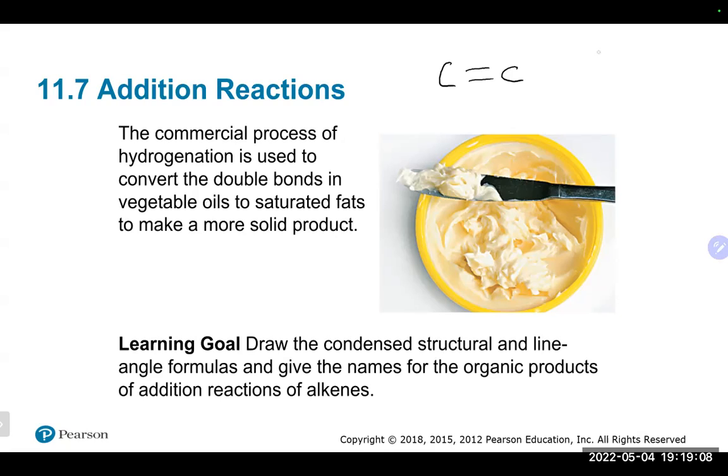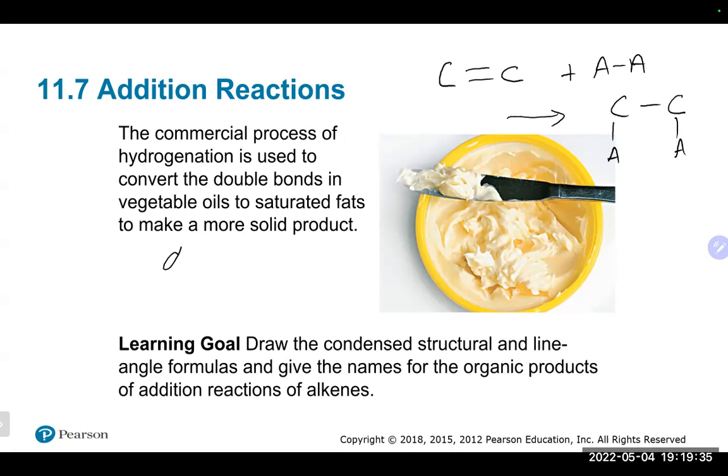Doesn't matter what else is attached on either side, it is always going to happen here. And basically, if you add something to it, that double bond will become a single bond to make room for it. You basically just add one thing to each of the carbons. They do go to opposite carbons, and the double bond always becomes a single bond.